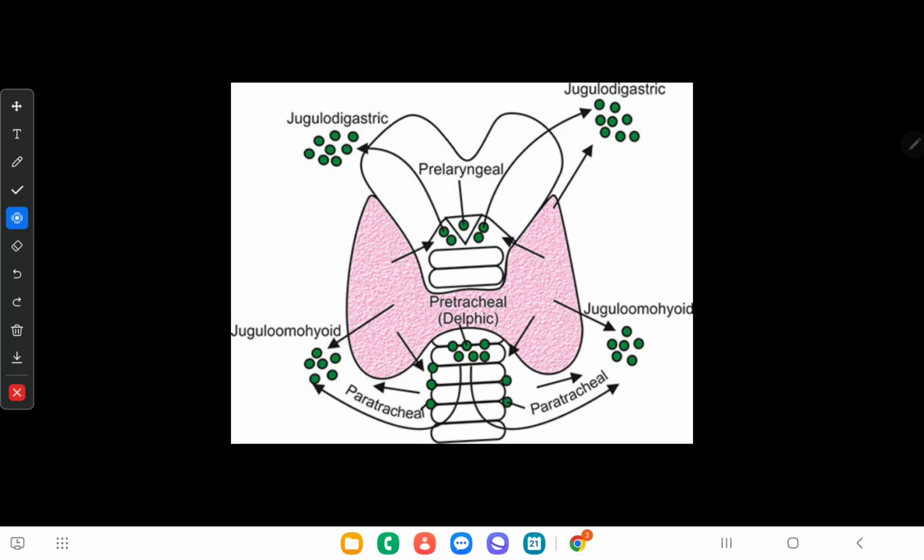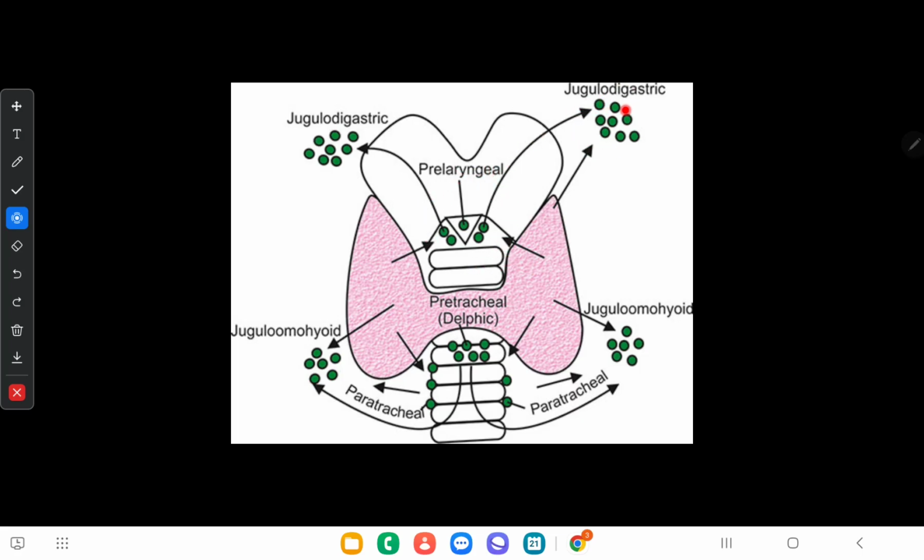Then about the lymphatic drainage of the thyroid gland. The lymph from the upper part of the thyroid gland reaches the upper deep cervical nodes, that means jugulodigastric nodes, either directly or through prelaryngeal nodes. These are the prelaryngeal nodes.